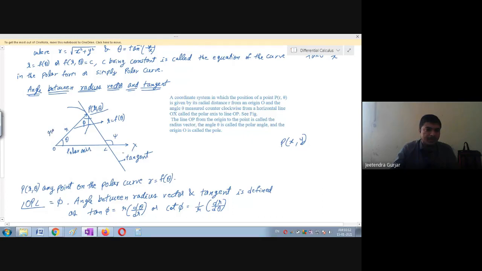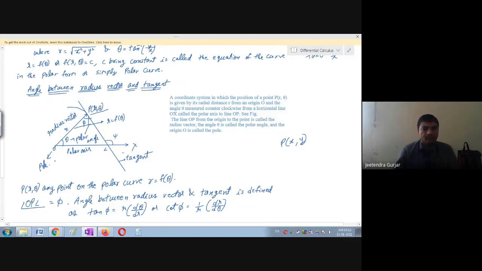So this is our radius vector. The angle theta is called the polar angle. So this is our polar angle, and the origin O is called the pole.